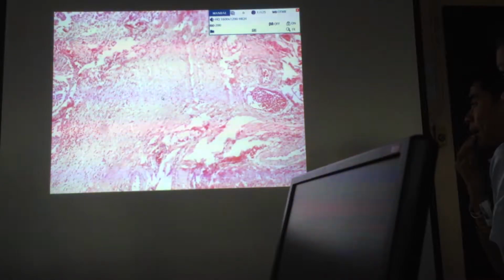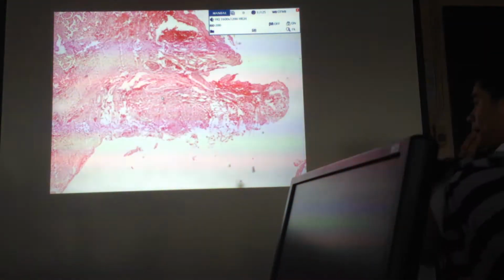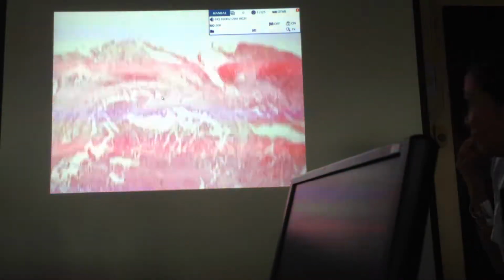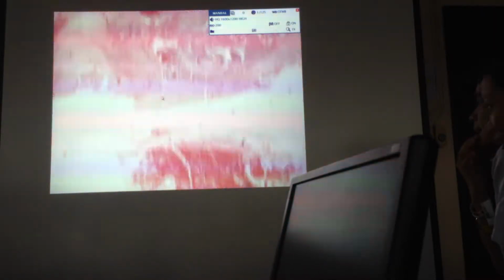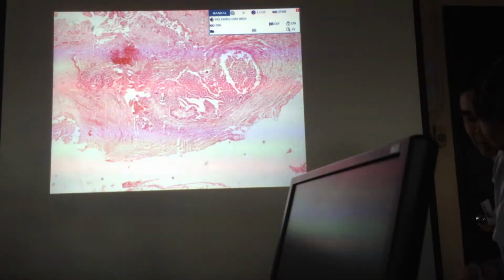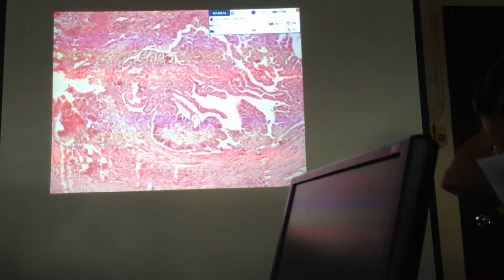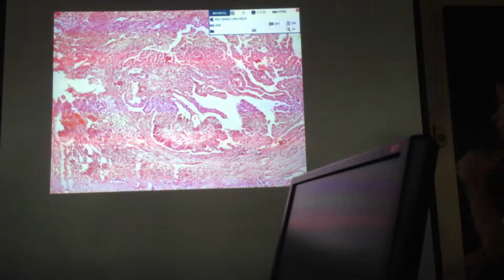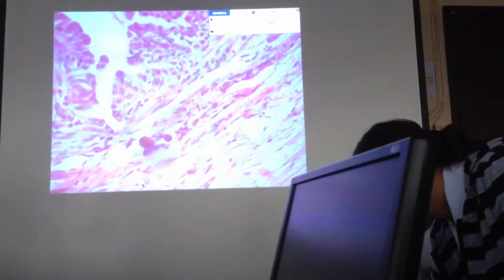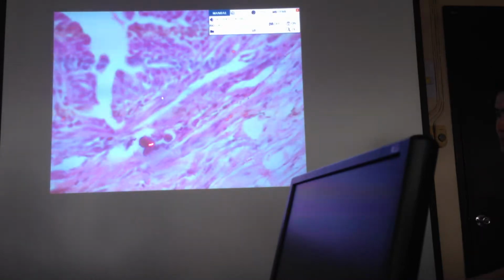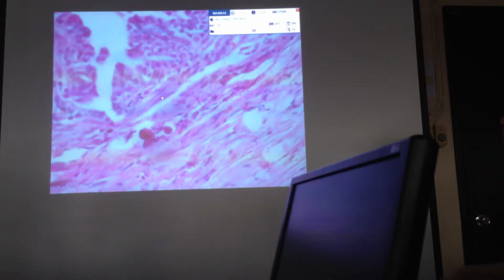I don't know if this slide has a feature that will be seen in papillary lesions, and that is the psammoma body. Okay, this, that's it. Psammoma bodies. So there are concentric hyaline lamellations that can be seen in papillary lesions.